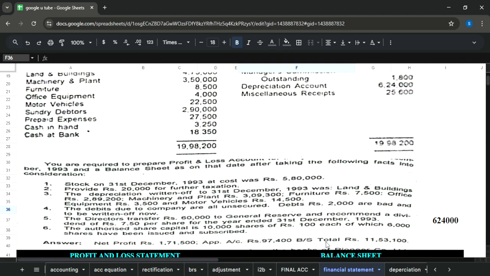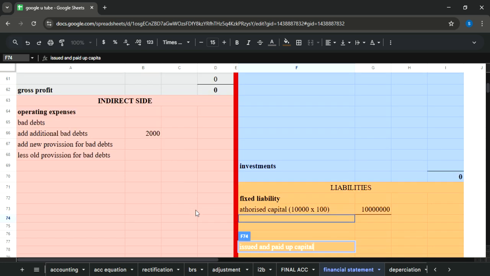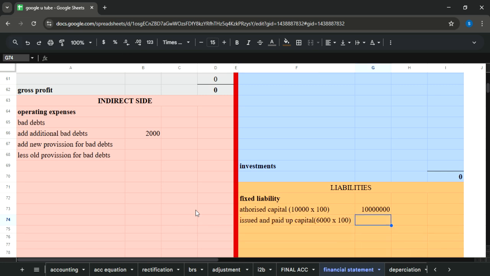Beside this, please note it down, 6,000 shares issued and paid up are also mentioned. So here issued and paid up capital, and it is said 6,000 shares of 100 each. Let's calculate.